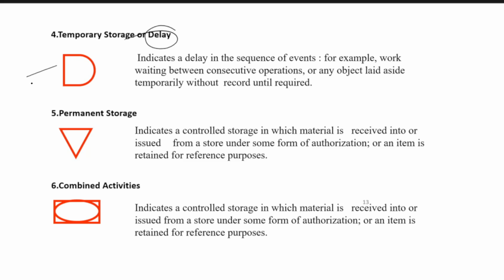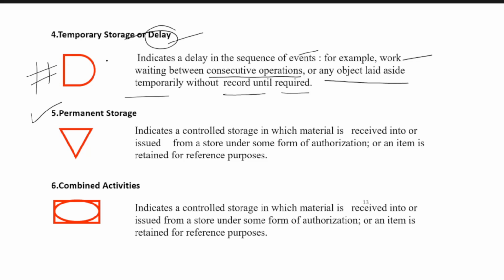Now, in many of the case studies that are available, these delays related to temporary storage need to be eliminated or reduced. So, capital T indicates the delay in the sequence of events, for example, work which is waiting between consecutive operations or any object laid aside temporarily without record until required.